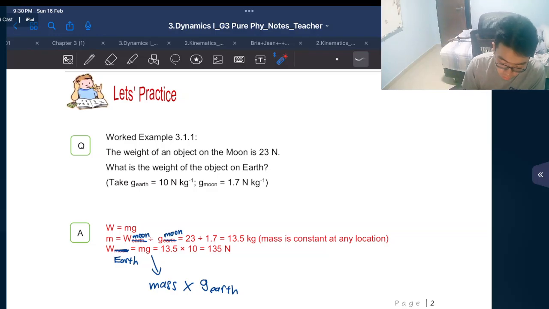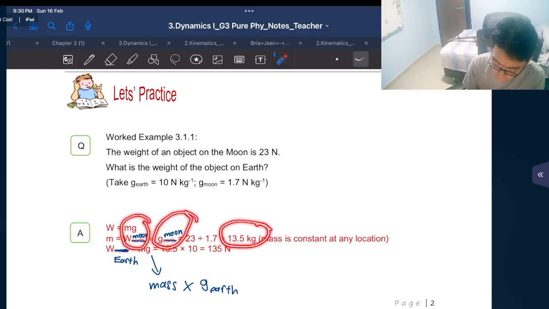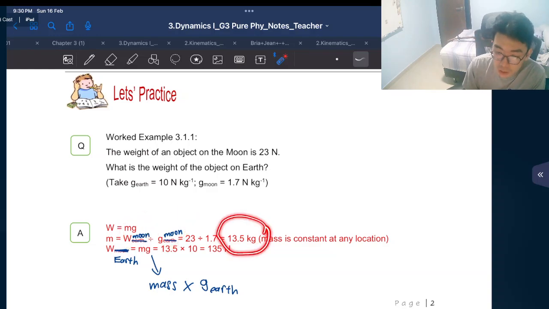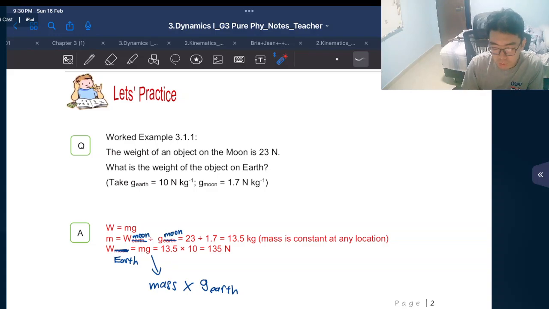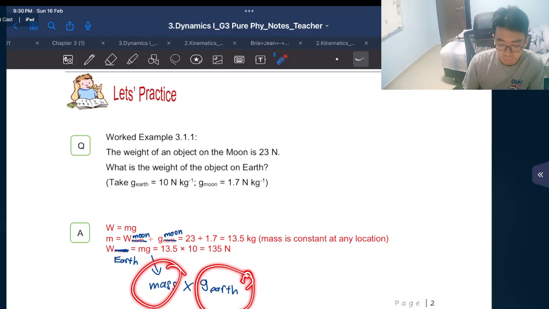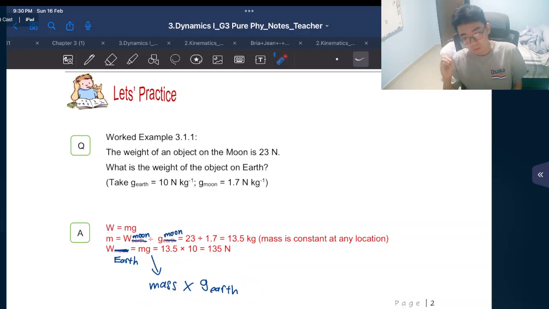So we take the weight on the moon divided by the gravitational field strength of the moon. You get 13.5. This 13.5 kg is the mass, constant at any location. Then to find the weight of this object on Earth, you take the mass multiplied by the gravitational field strength of the Earth. Then you get 135.